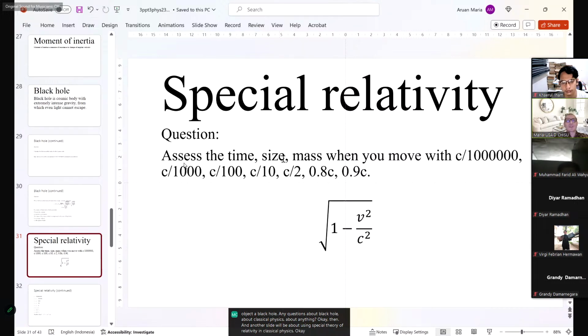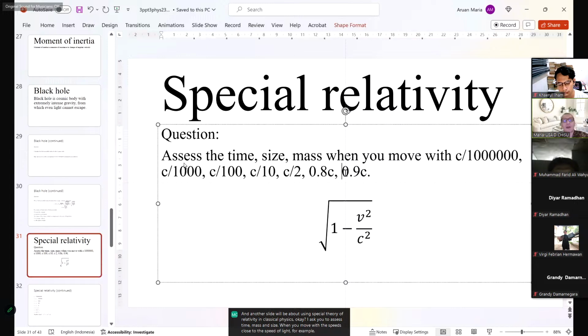I ask you to assess time, mass, and size when you move with speeds close to the speed of light. For example, 0.9 of the speed of light. It's quite close to the speed of light. And if you calculate the square root, it will be significant, right?